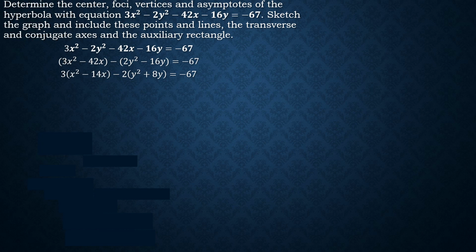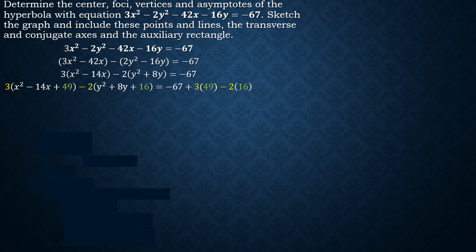Now, what we'll do is the completing the square process. So, we add plus 49 to the grouped x and plus 16 to the grouped y. So, what we add on the right side is 3 times 49. Where did this 3 come from? This is what we factored out.